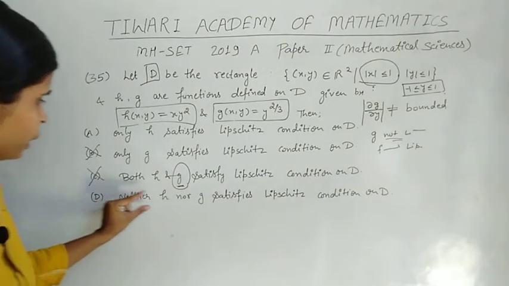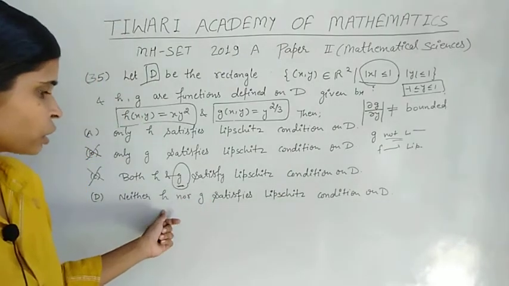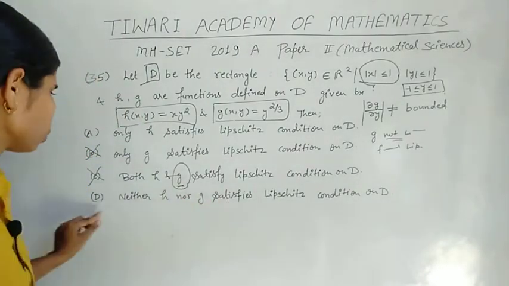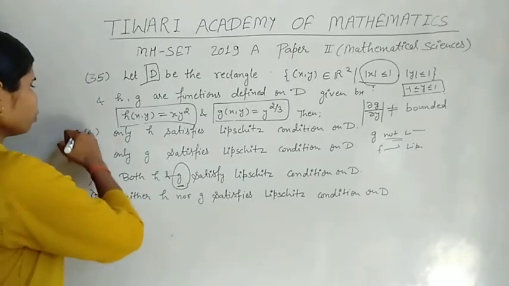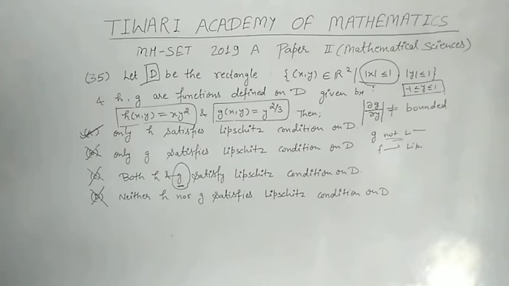Option D, neither H nor G satisfies the Lipschitz condition. No, H satisfies the Lipschitz condition but G does not, so option D is also a wrong option. Finally, option A is the true option in question 35.